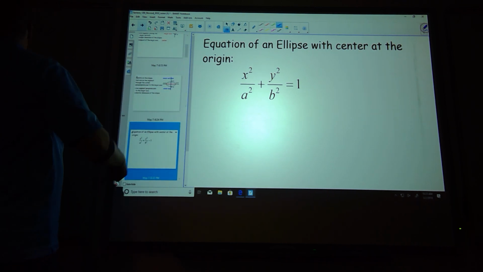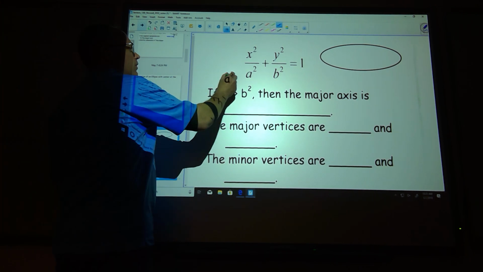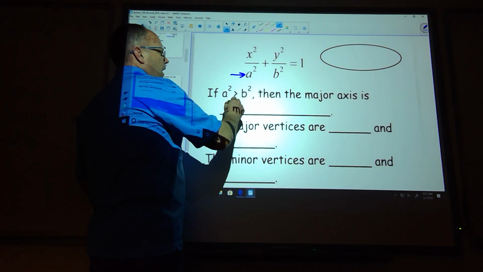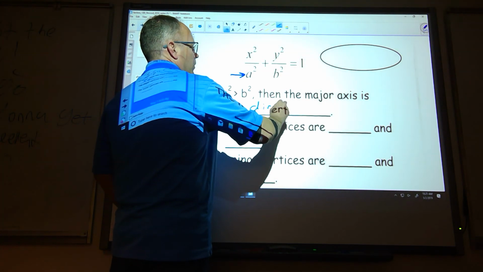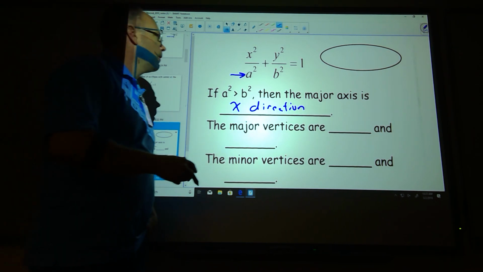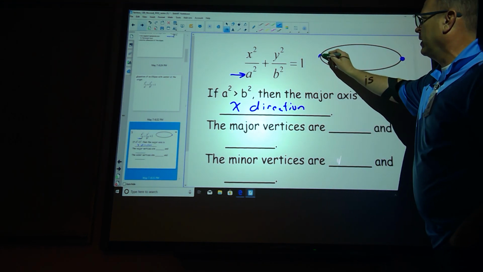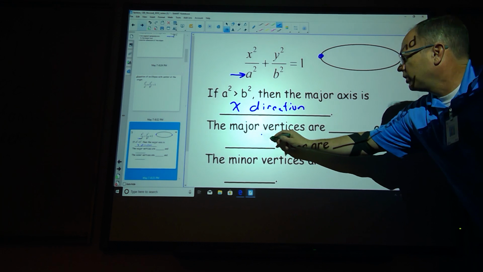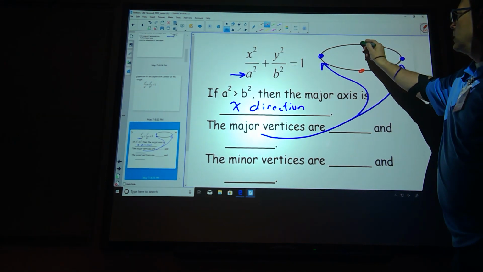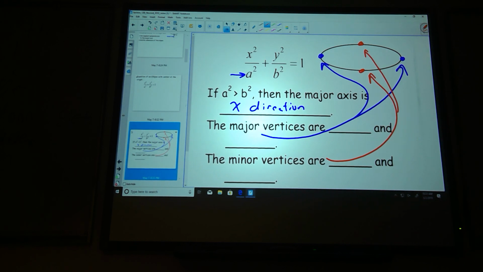So if a squared is bigger than b squared, the major axis is in the x direction. The major vertices are basically here and here, and the minor vertices are here. It'll make more sense when we start graphing these in a moment.